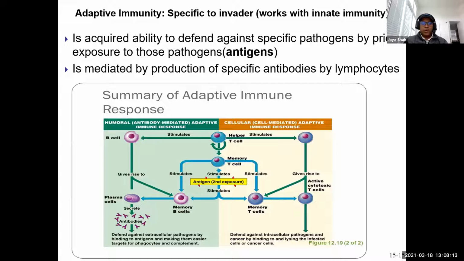Okay, on the other hand, these memory B cells keep those antibodies inside the cell. They do not release them, but when they are exposed to antigen a second time, you see, second exposure of the antigen stimulates these B cells, and then immediately, at a fast rate and in a large amount, they change into plasma cells and secrete antibodies.